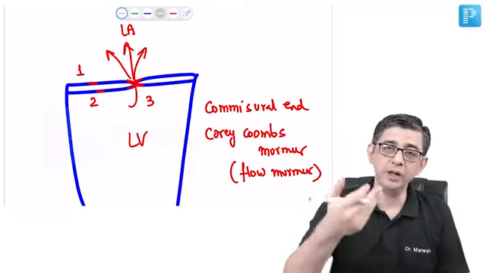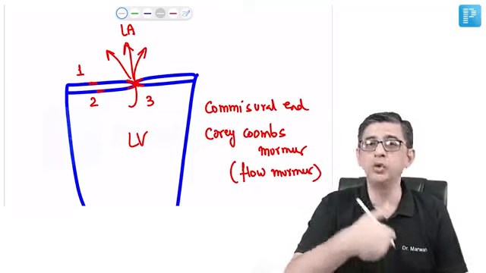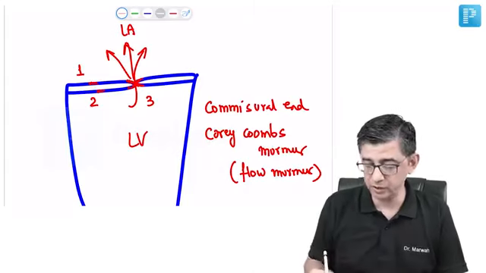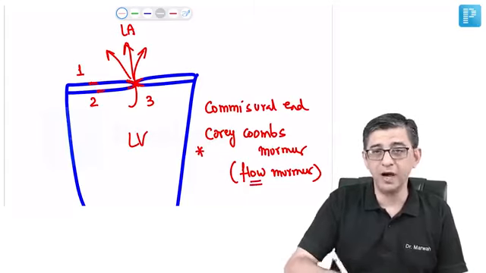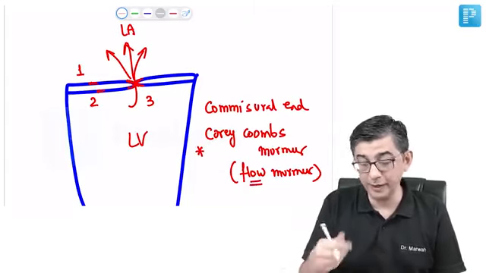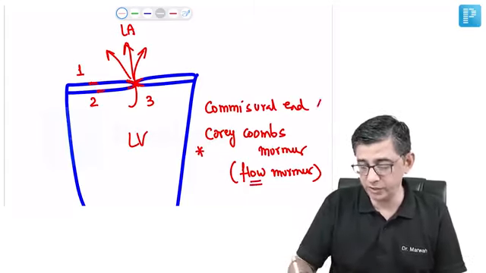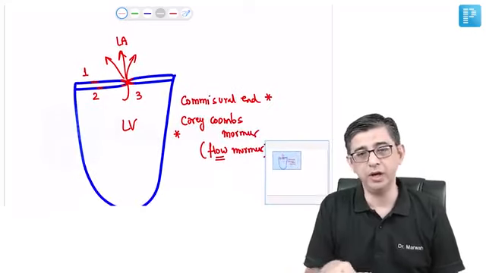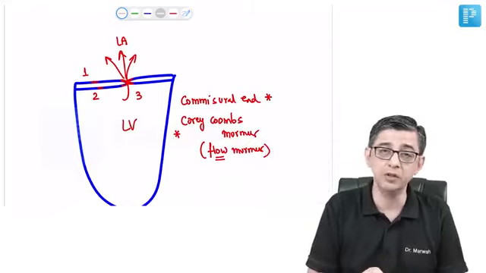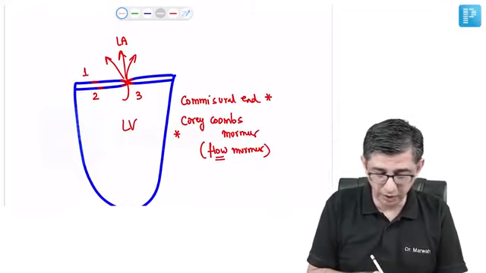This blood will ultimately flow back into the left ventricle, which is why this is a flow murmur and is a diastolic murmur. These arrows could cause errors of interpretation, which is why I have decided to draw this line diagram here. Commissural end involvement and a Carey-Coombs murmur is one of the characteristic features of rheumatic endocarditis.